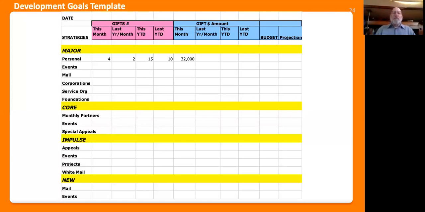All right. So what you're getting at now in each of these is number of gifts in those 4 columns, where you look at how are people responding to our strategies in the major, monthly. Now, core donors, if you have 225 monthly partners, that should really stay at 225 every month. So if there's someone that drops out of that, you will probably check on it if they go a couple months and don't give.